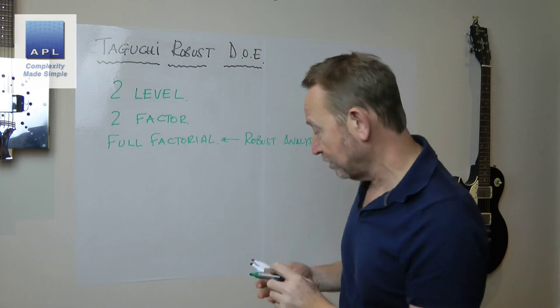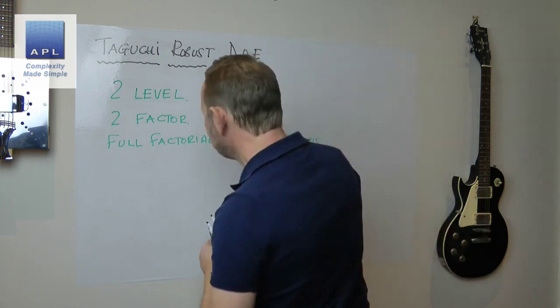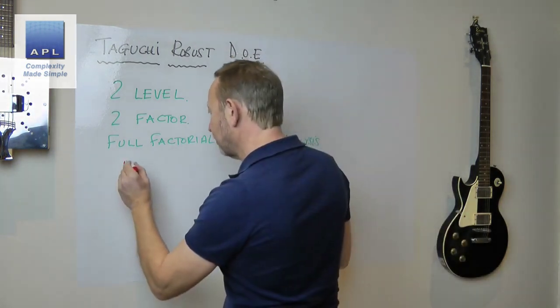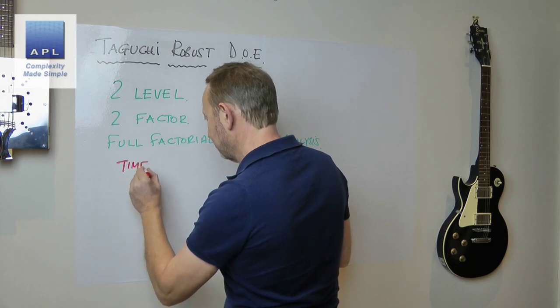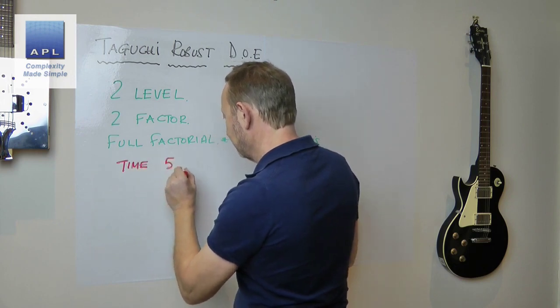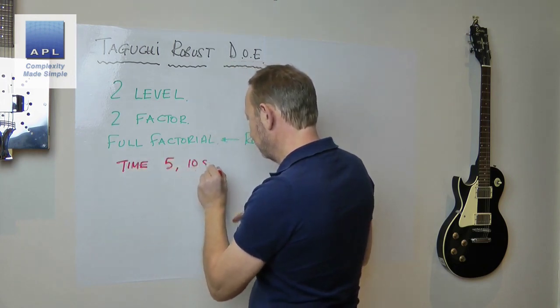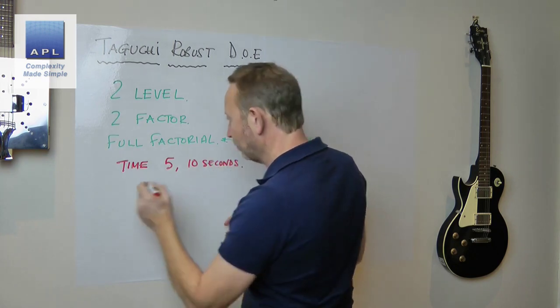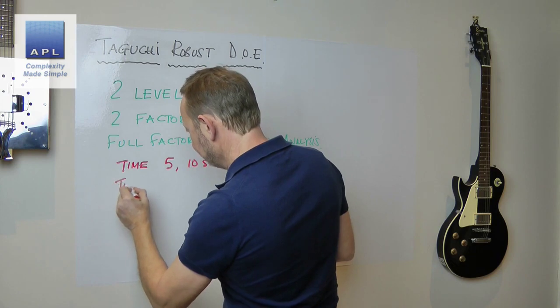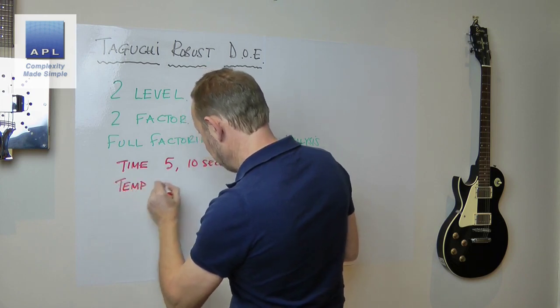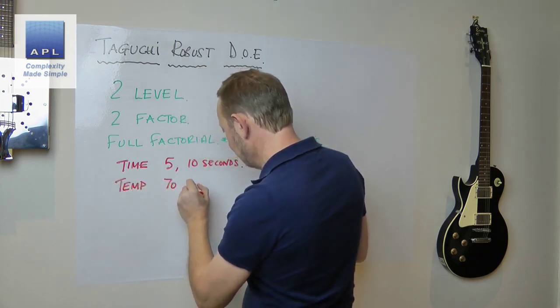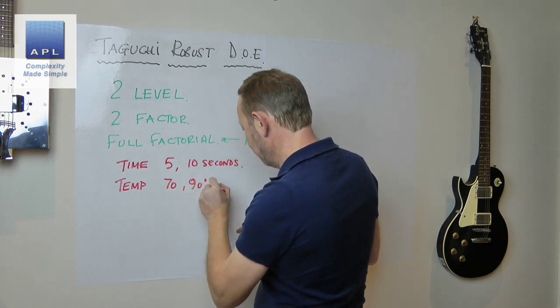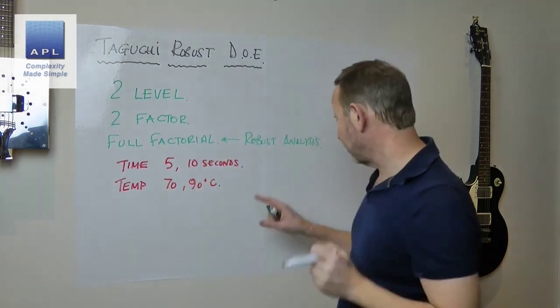All right, so the two factors, we're going to take time at 5 and 10 seconds. We're going to take temperature at 70 to 90 degrees centigrade.